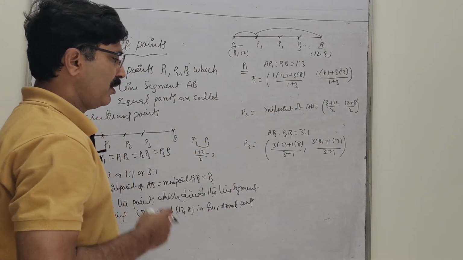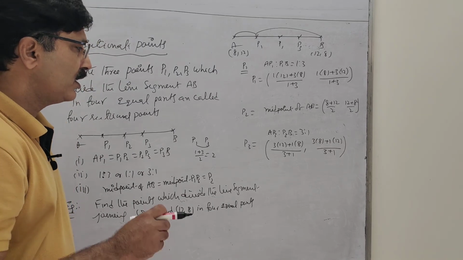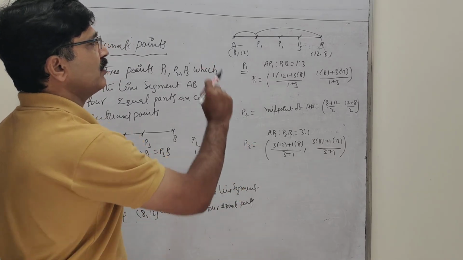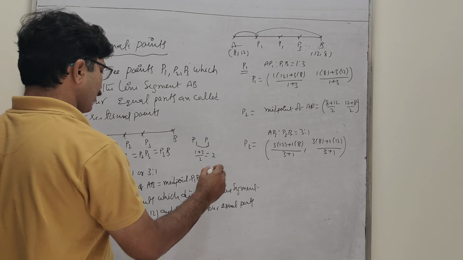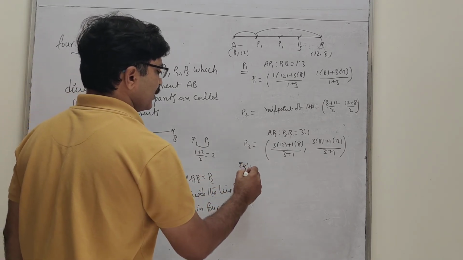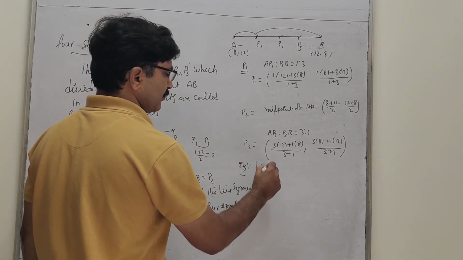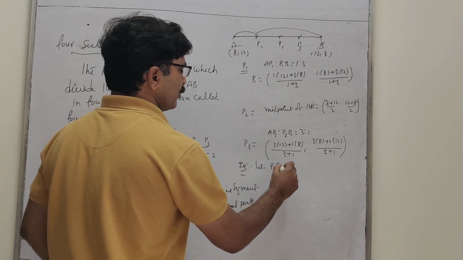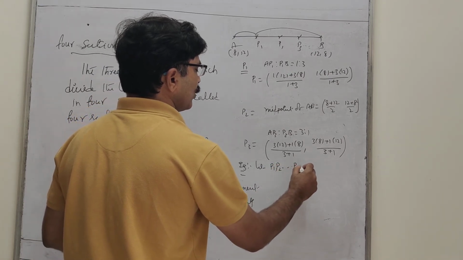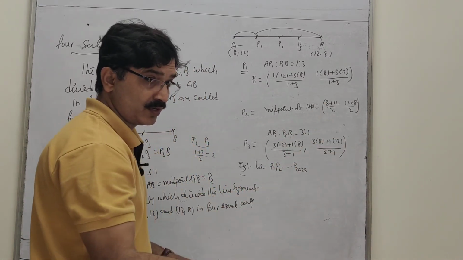But here is the interesting one I want to tell you. Suppose the question is given like this, guys: let P1, P2, and so on up to P2023, since next year you are going to write the exam.